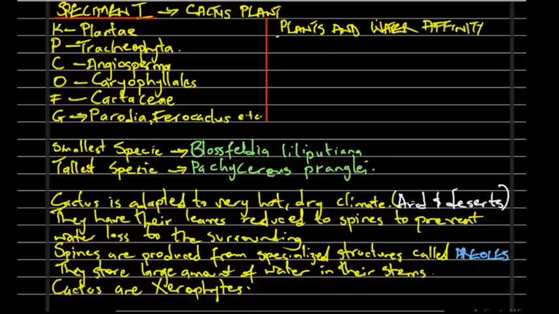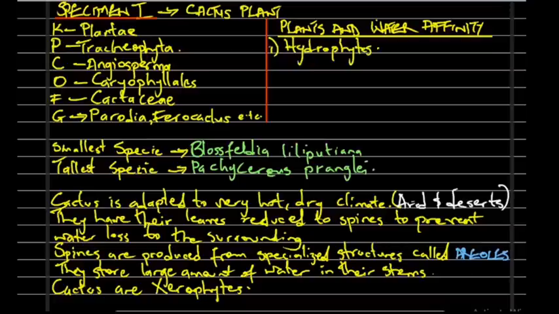We have the first one, the hydrophytes. Hydrophytes are water loving. So you find this type of organisms in environments that have high amount of water, an abundance of water.